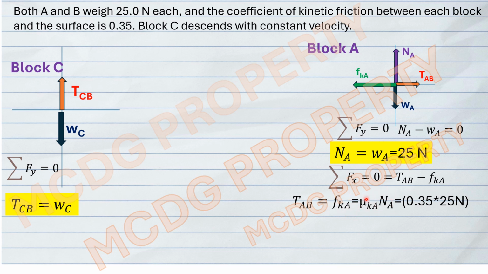Hence, the force of kinetic friction between A and the surface is 0.35 times 25 newtons. Therefore, since the tension between A and B is equal to the force of kinetic friction, the tension that connects A and B will be equal to 8.75 newtons.